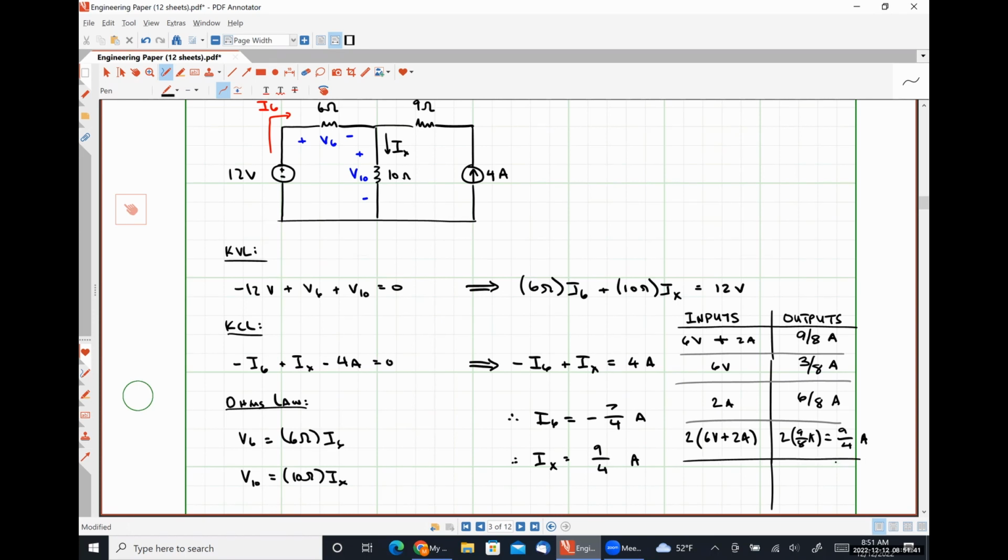So the last thing that I want to do here is to apply both the additivity property and the scaling property simultaneously, okay? And so I'm going to make a prediction.